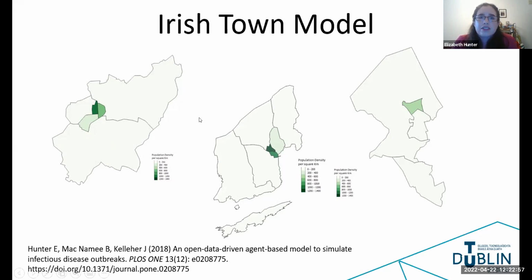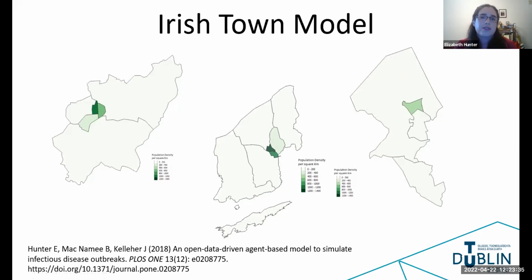Strokestown and Skull are the two towns with a similar percent of runs leading to an outbreak, and what's similar about them is a densely populated town center, where agents are more likely to come into contact with each other and spread an infectious disease. Shannon-Golden doesn't have that densely populated center; the agents are more spread out across the whole town. We think that is one of the reasons why the two towns on the left and center are similar, whereas Shannon-Golden gets different results.